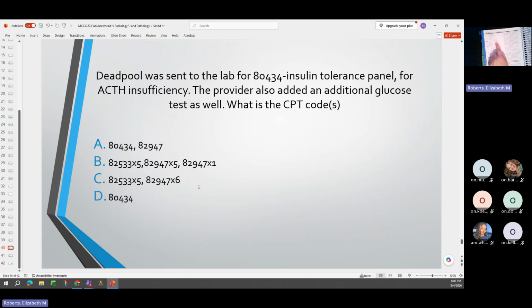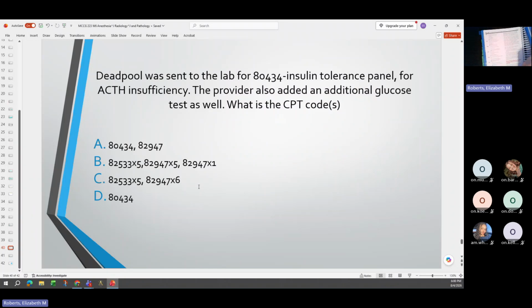This panel must include the following: cortisol and glucose times 5. Okay, so this is an interesting one. All right, I would say that's the correct code, right? 80434.